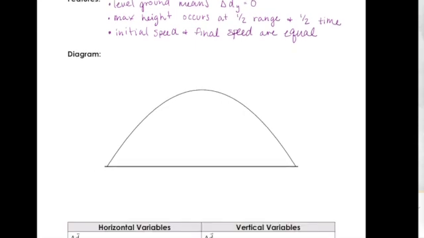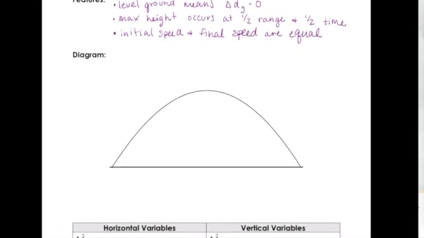Okay, so whenever you're drawing the diagram for these, the things you can start out with: this is our initial velocity, v1.